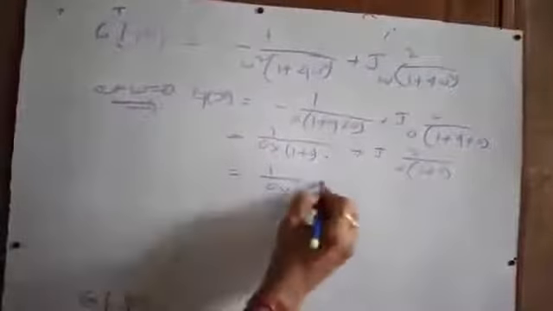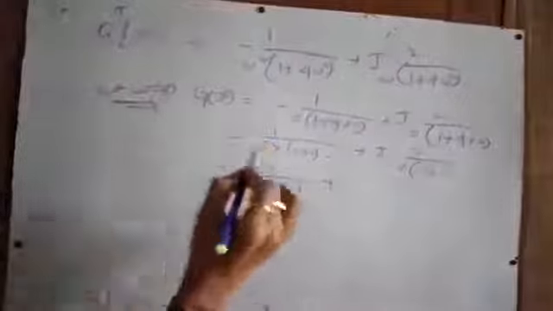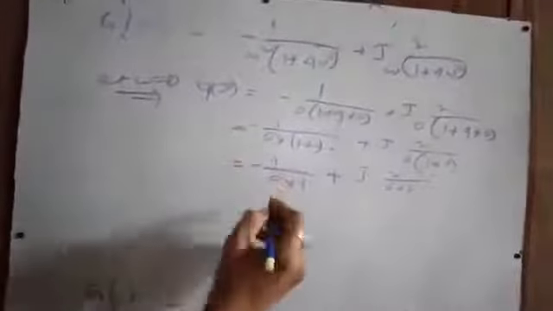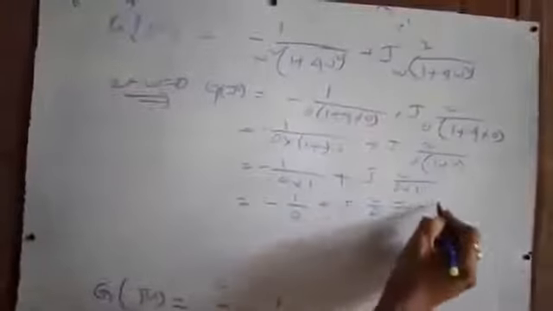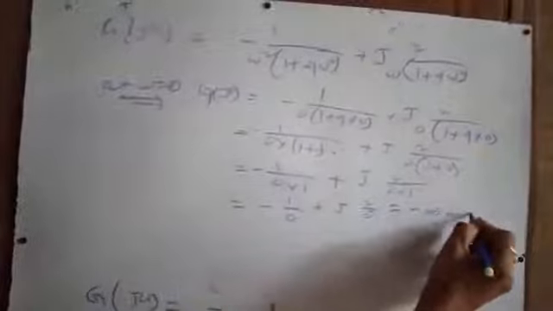That is minus 1 by 0 plus j of 2 by 0, that is minus infinity plus j of infinity.